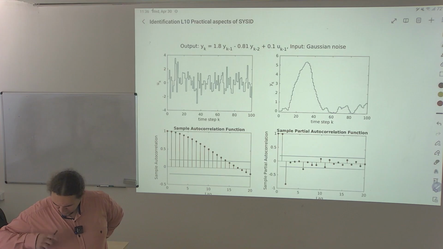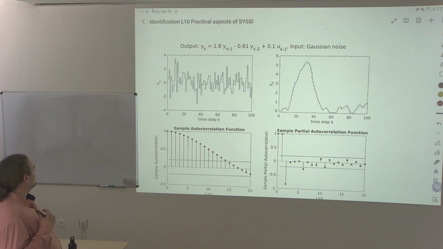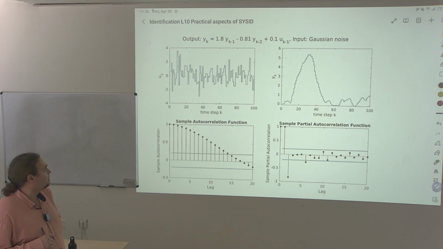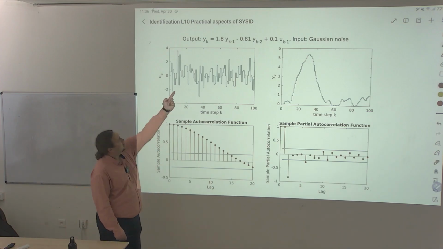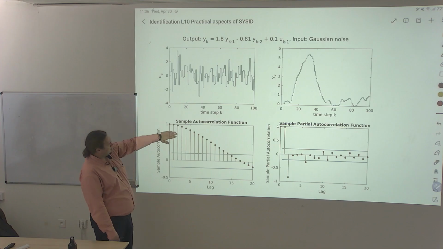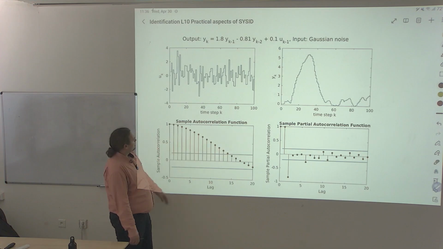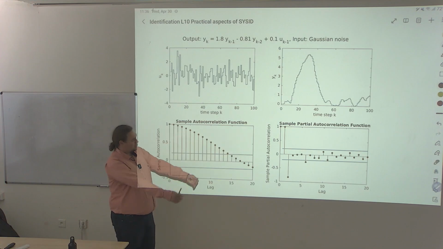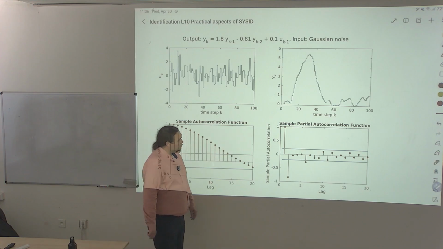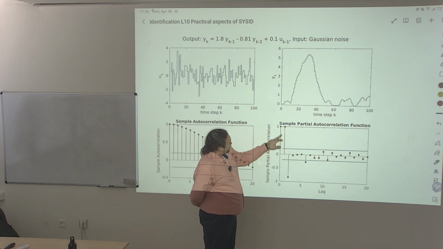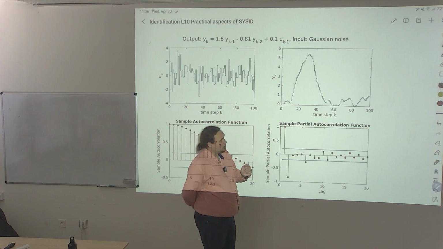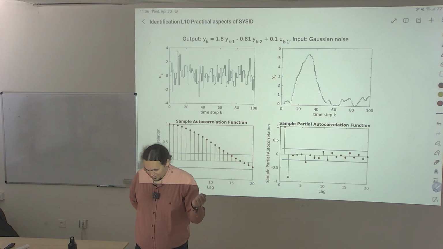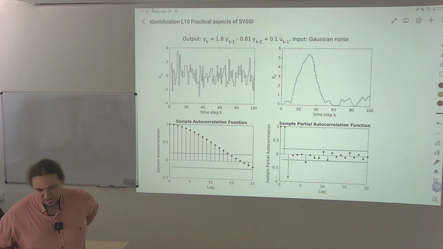Let's maybe briefly see nice behavior. Again, Gaussian noise input, PRBS should be even better, and we have some second order dynamics. The autocorrelation function has basically the same behavior. We see a lot of correlations with the output itself, but the partial autocorrelation is clearly suggesting that we should at least take two past values, so select second order dynamics.